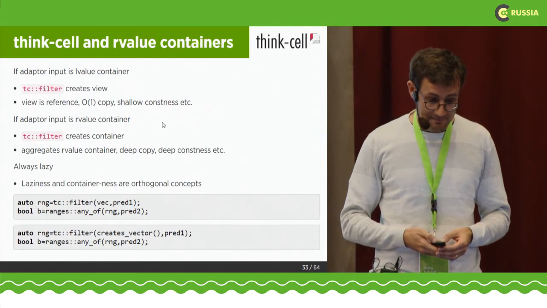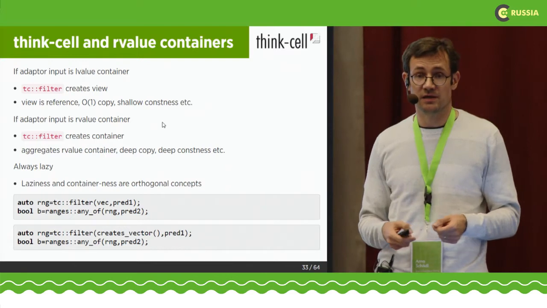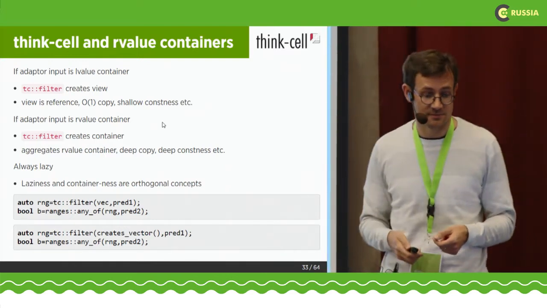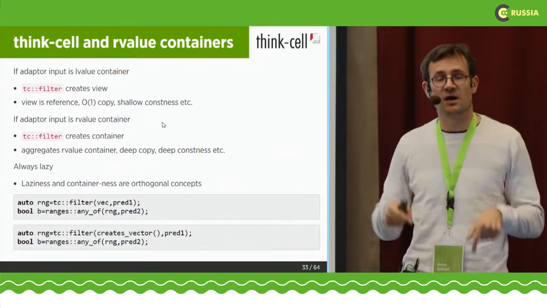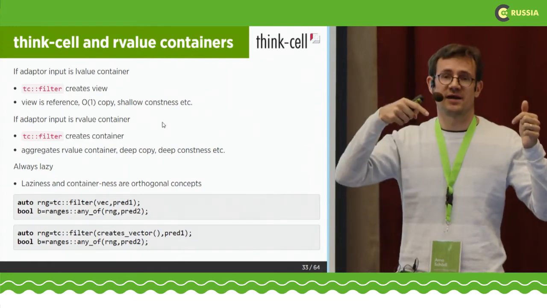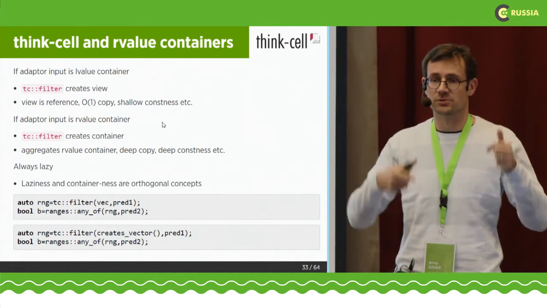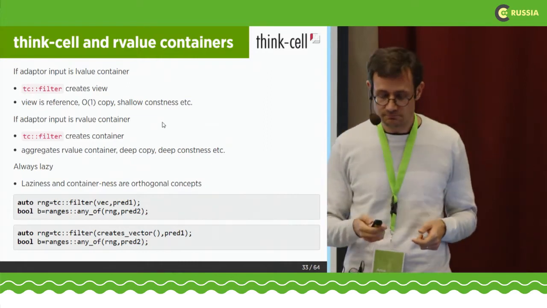Now, if the adapter input is an R value, if it has just been created prior to calling the filter, then the filter will automatically detect that, will say, okay, this is an R value reference, and will generate a different type that aggregates that R value, that copies the R value into that object itself.